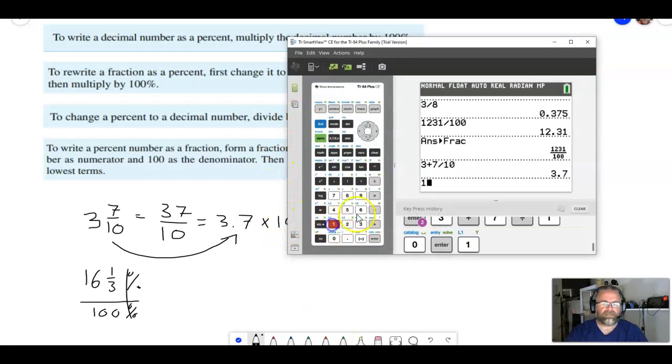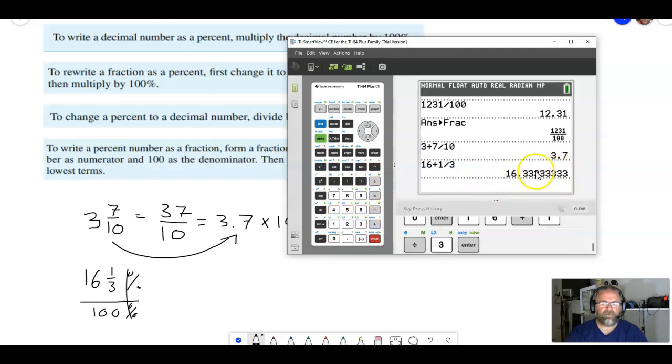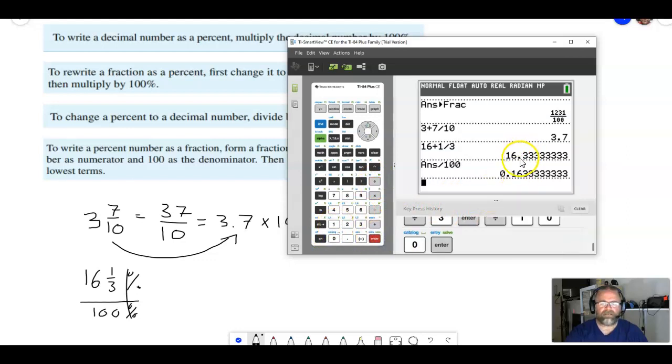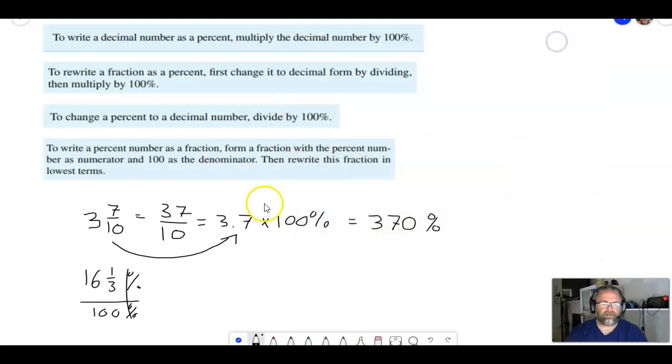If I do 16 plus 1/3, that's the top, and I hit enter, I get a repeating decimal there, and if I divide that by 100, it moves that decimal 2 to the left. So this is going to be 0.1633 repeating. So this is going to be equal to 0.163, and the 3 repeats forever, so we're going to put a little bar on top of that.